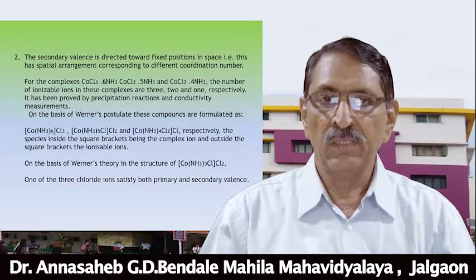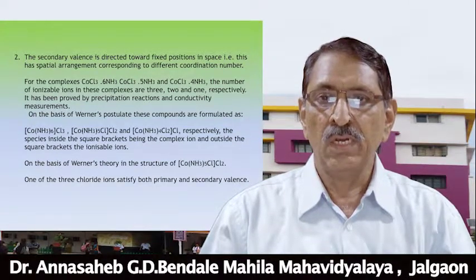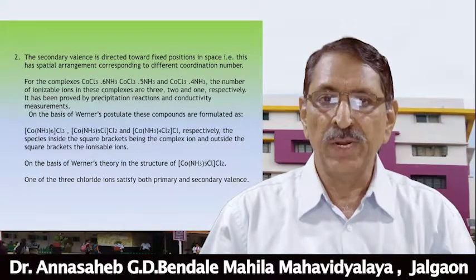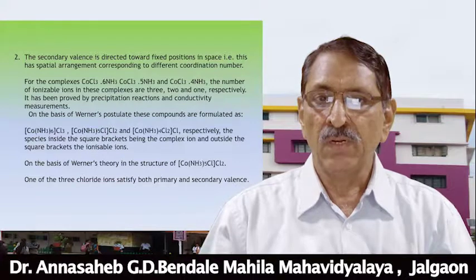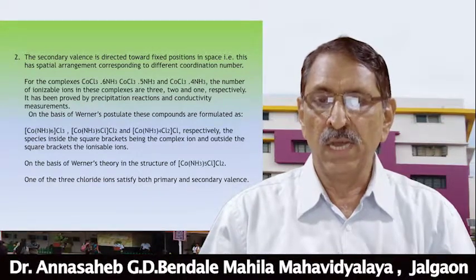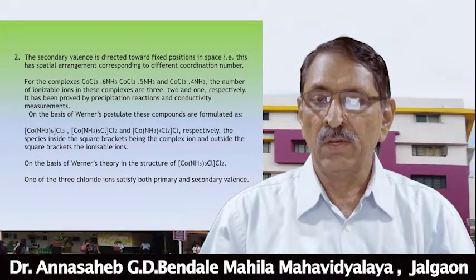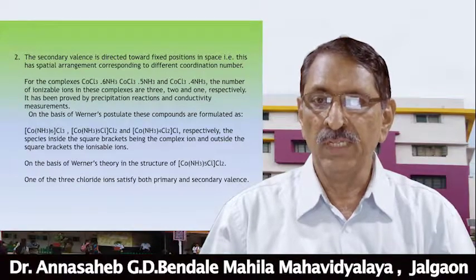The second assumption is that the secondary valency is directed toward fixed positions in space. It means it has a spatial arrangement corresponding to different coordination numbers. For example, in the complexes hexaamminecobalt(III) chloride, pentaamminechlorocobalt(III) chloride and tetraamminedichlorocobalt(III) chloride, the numbers of ionizable chloride ions are 3, 2 and 1 respectively.